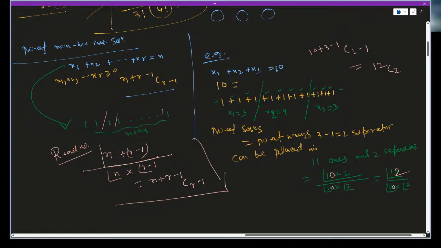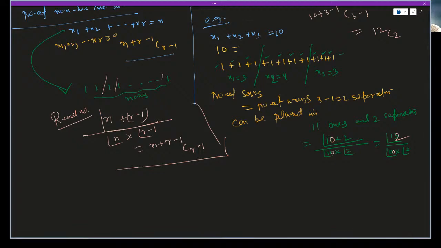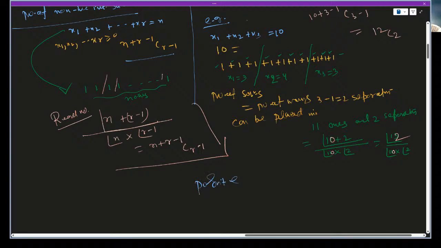Number of non-negative integral solutions. Then how many positive integral solutions will be there? That is, x1, x2, xr are all greater than or equal to 1.